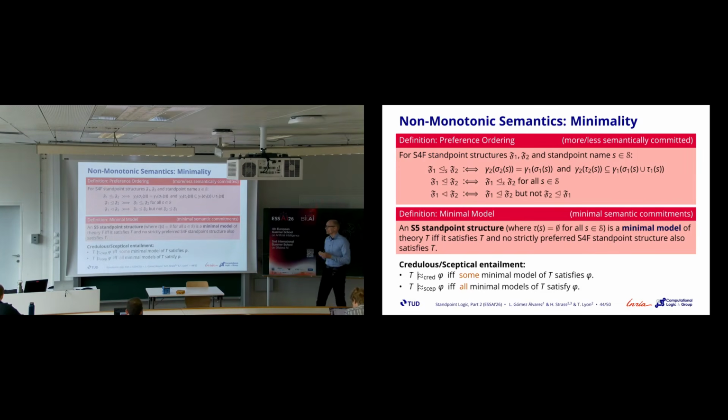In order to do non-monotonic reasoning, we again have to have a preference ordering and a notion of minimality. And the idea here is that this preference ordering implements or expresses semantical commitment. So if we have different structures, so let's say we have two S4F standpoint structures, F1 and F2, then we want to be able to express that, let's say, F2 is at least as semantically committed as F1 with respect to this standpoint S. And this is defined as follows.